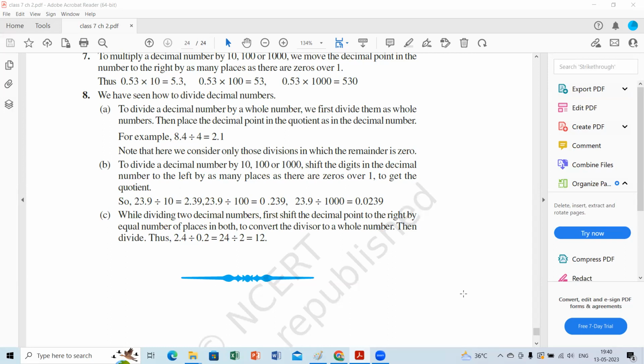Can we go with only division? Yes, ma'am, because that is where most of the kids make mistakes, even in senior classes. We'll go with one or two multiplication questions, and most of the questions from division of decimals. Okay. That's all, children, for the day's teaching concept. Let me give some time for the quiz.